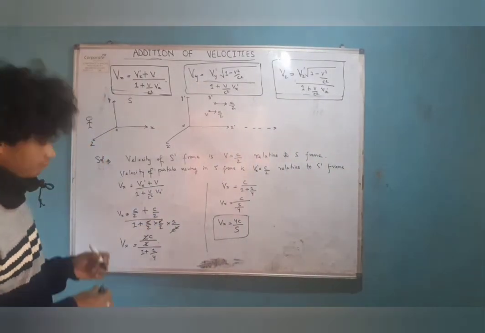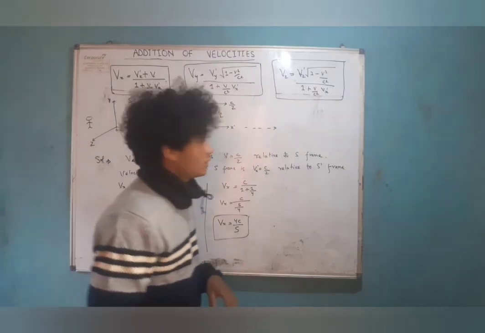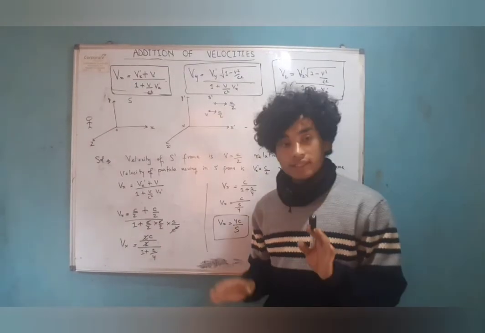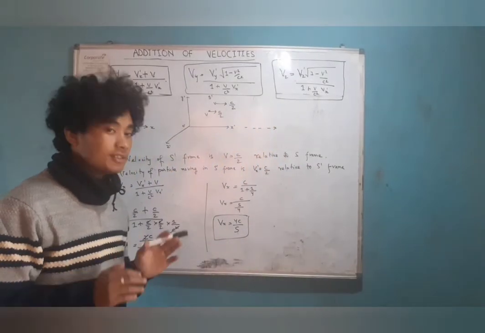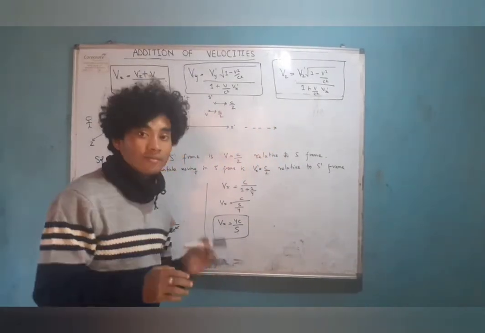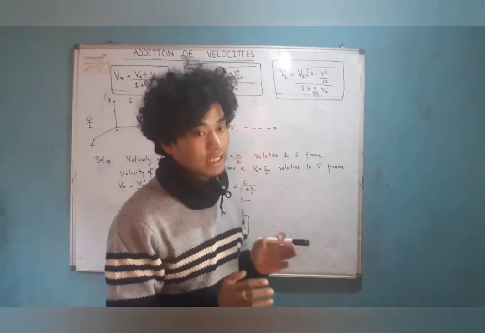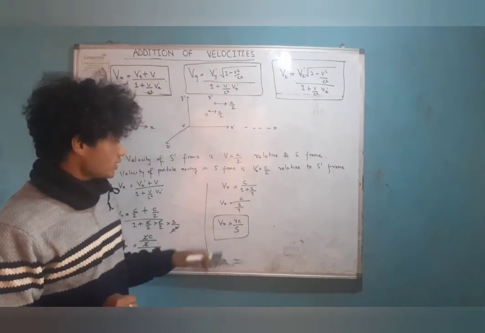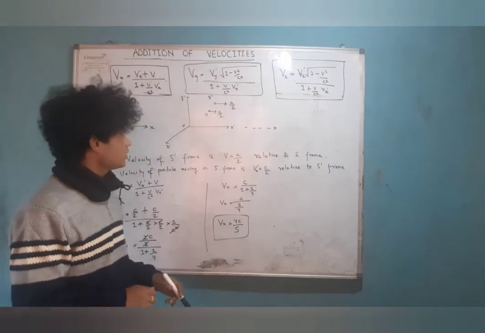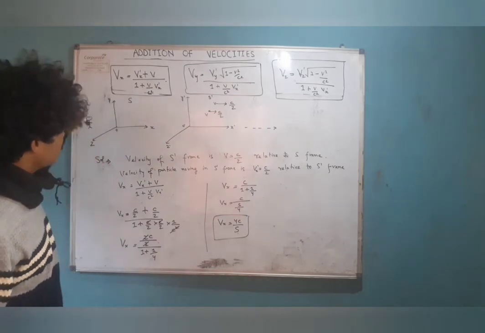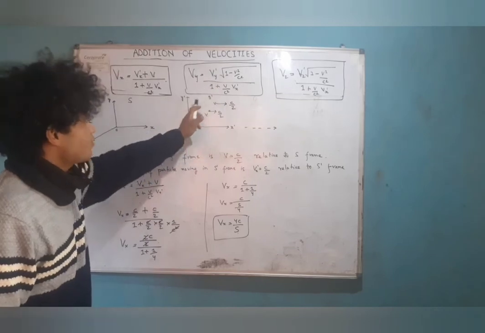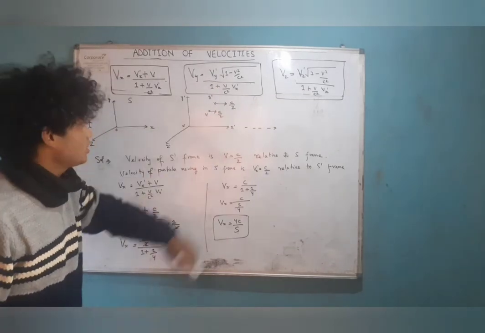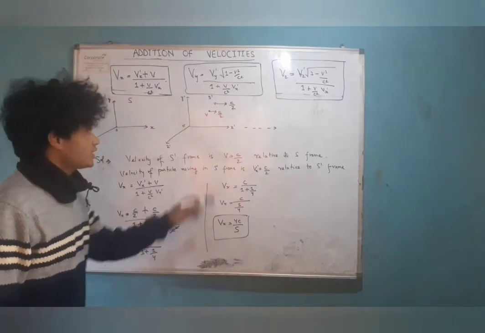So here in the theory of relativity, we found that half plus half is not 1. Half plus half is not 1 because we found it to be 4 by 5. According to this observer, the S prime frame is moving with velocity c by 2, and the particle is also moving with velocity c by 2.